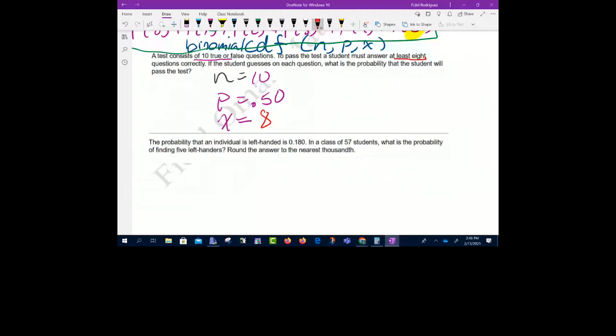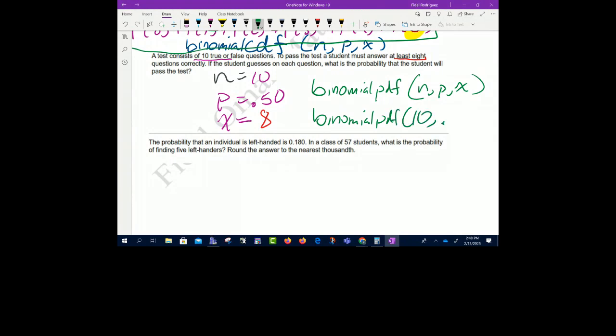I'm going to go to my binomial PDF, where we have our n, our p, and our x. We have 10 questions, the probability that we guess correctly is 0.50, and I need to get 8 questions right.